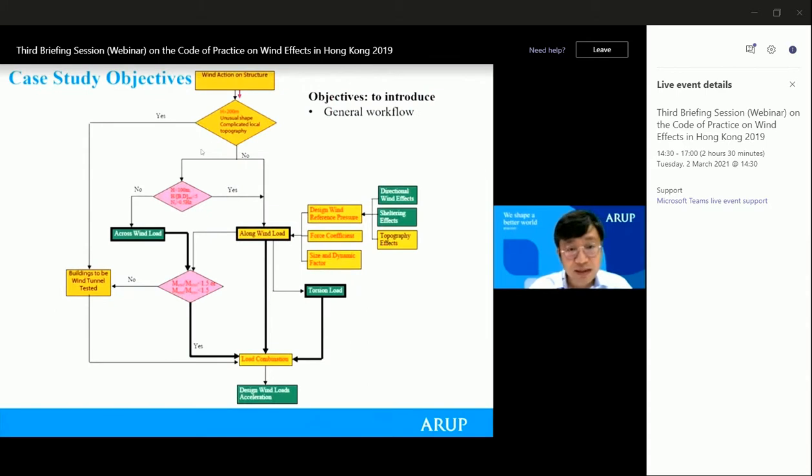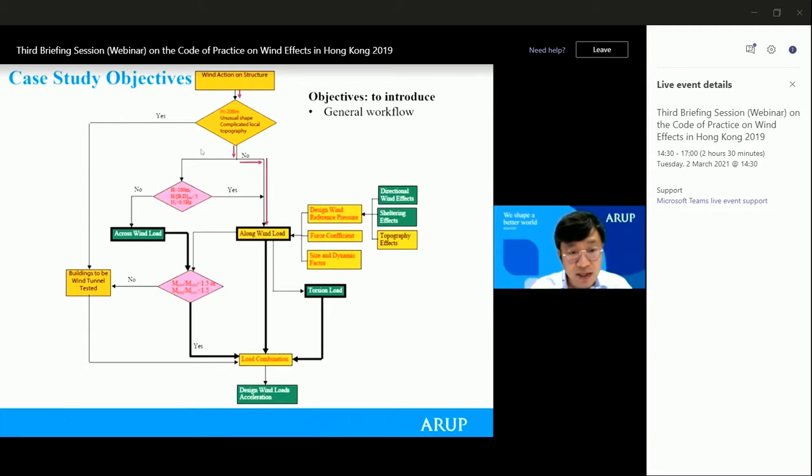The objective of the case study. The first objective is to introduce the general workflow of how to use the 2019 code. For example, at the very beginning, we need to make a judgment whether wind tunnel testing will be needed or whether the standard approach can be applied.